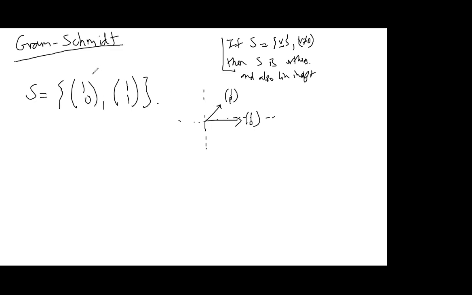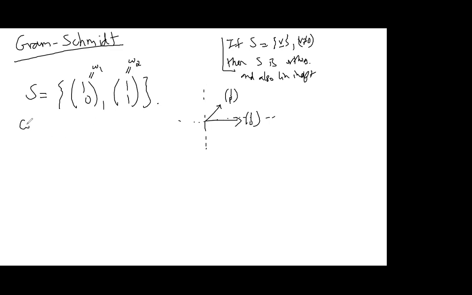Okay, let's call these W1 and W2. What we want to do is make them orthogonal. Really the problem is that W2 is not orthogonal to W1, so our goal is to subtract off the parts of W2 that are not orthogonal to W1.